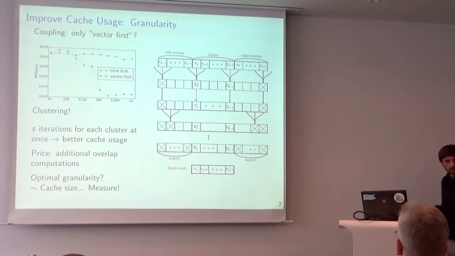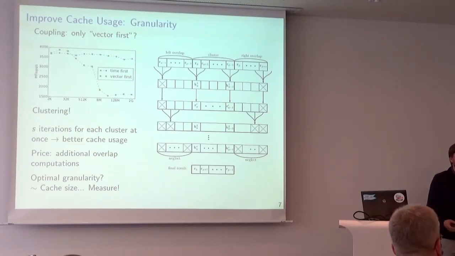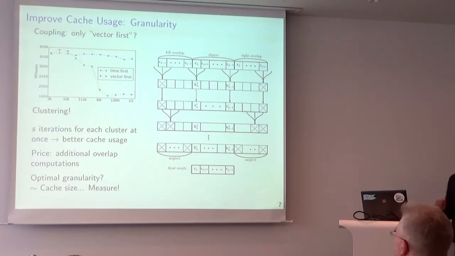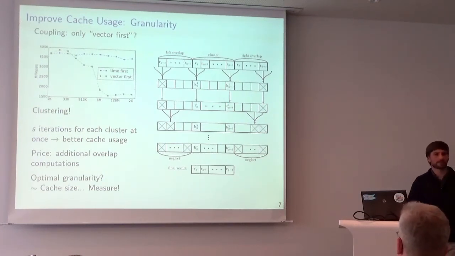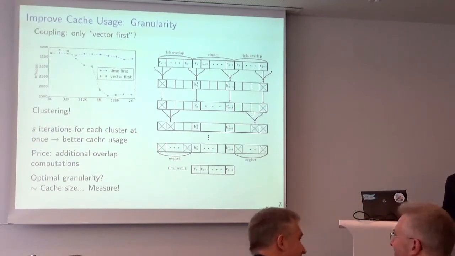Then I throw it out, I get the next cluster in space, and I do S iterations in time. If I'm at the end of my space, I go to the first one again and do the next S iterations in time. How big was S for your simulation? It was 4 here. 4 steps in time, so I have 4 on the left and 4 on the right additional values.